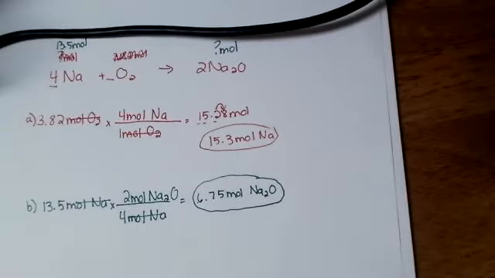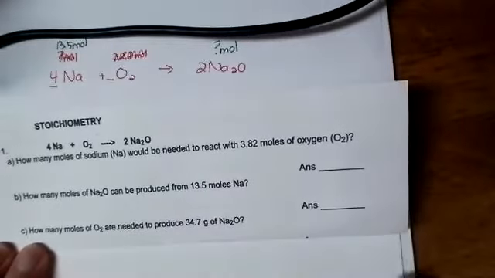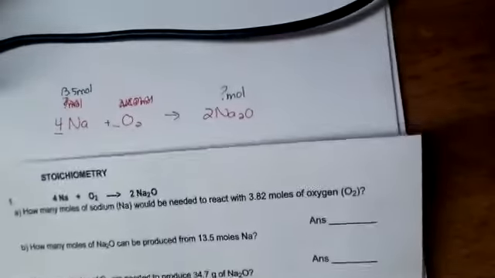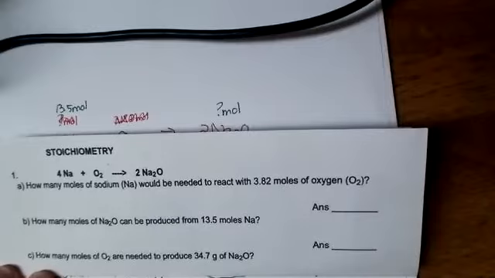For C, we're using the same exact equation, but this time they want to know how many moles of O2 are needed to produce 34.7 grams of sodium oxide. So I'm going to go over here and scratch out these.